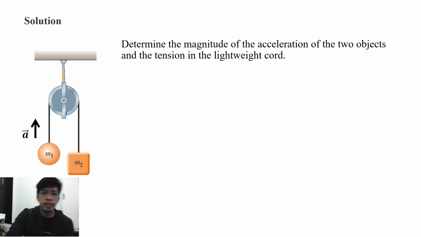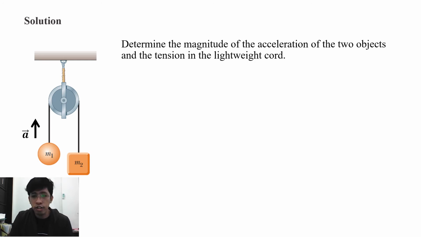So first we are asked to determine the magnitude of the acceleration of the two objects and the tension in the lightweight cord. So we have here your m1 accelerating upwards, and then your m2 accelerates downwards. We can think of this as m2 weighing heavier than your m1.